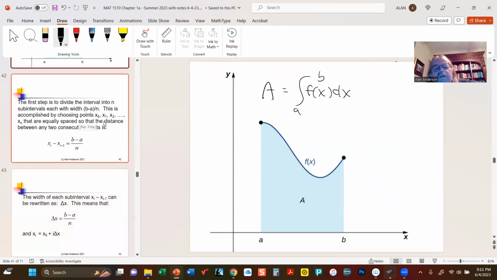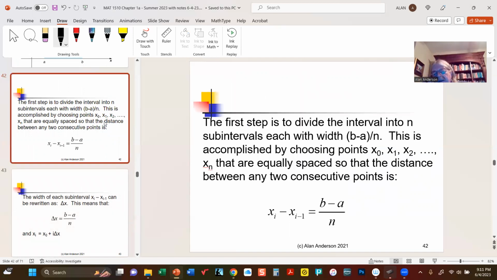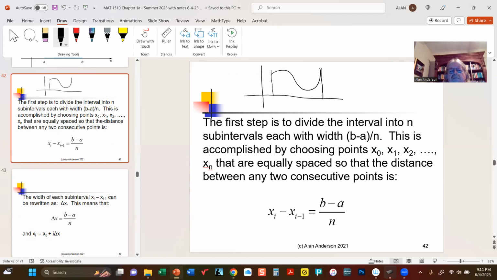Now, what we're going to do here is take a look at the logic behind this. So let's just say that we take this curve. We're basically going to break it up into intervals. What we're effectively doing is taking each of these.